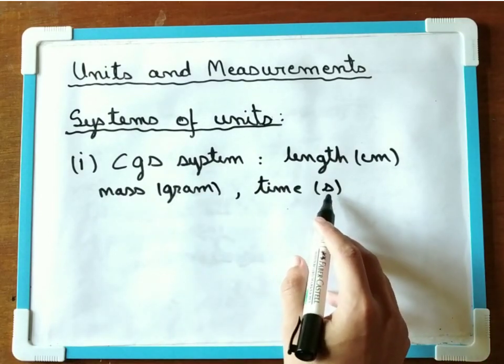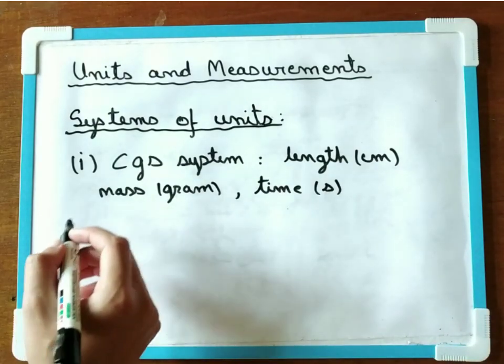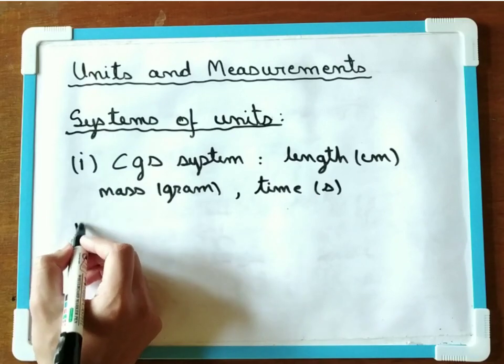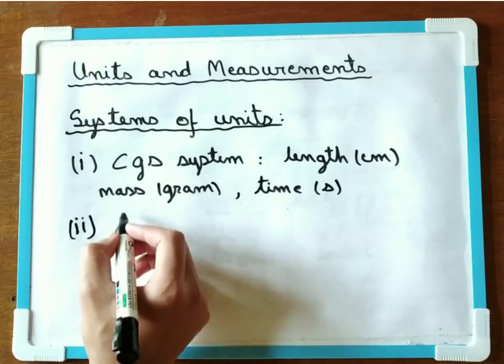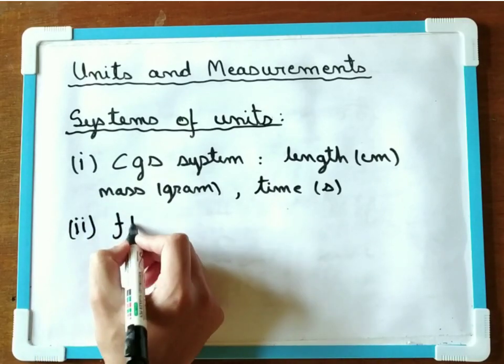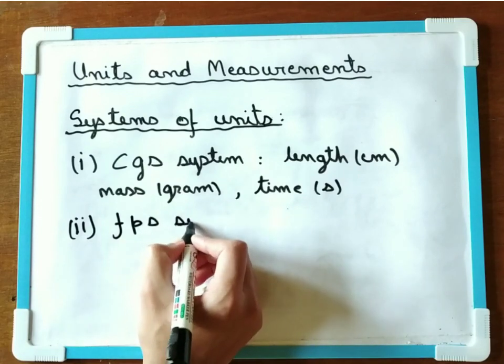That's why we have the CGS system. Another system of unit is the FPS system.